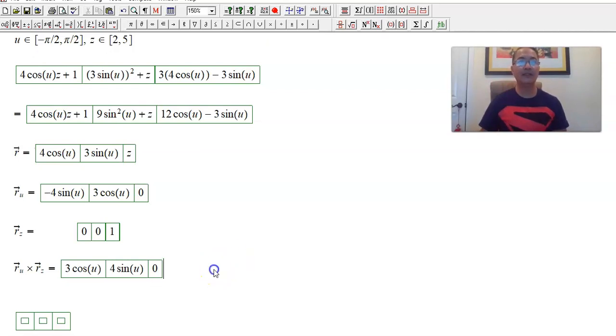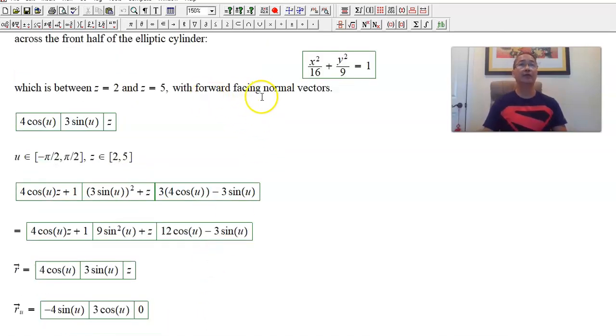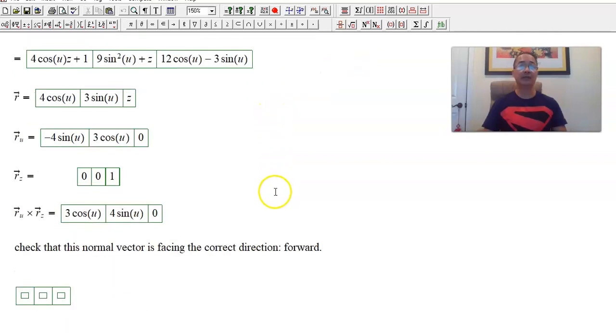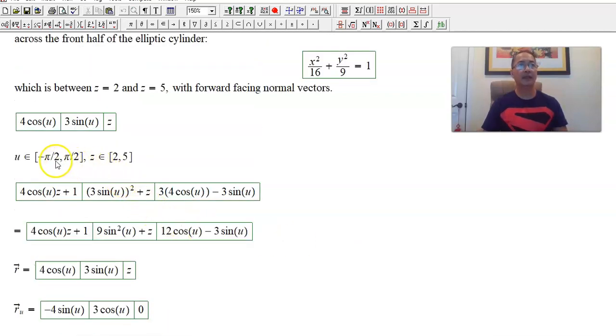We want to see, are you facing forward? Okay, so check that this normal vector is facing the correct direction, which is forward. The problem said I want forward facing normal vectors. Are you facing forward or facing backwards? All you have to do is plug in a point. Where's the middle of this cylinder?